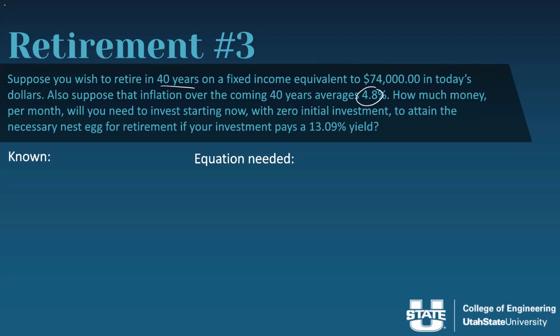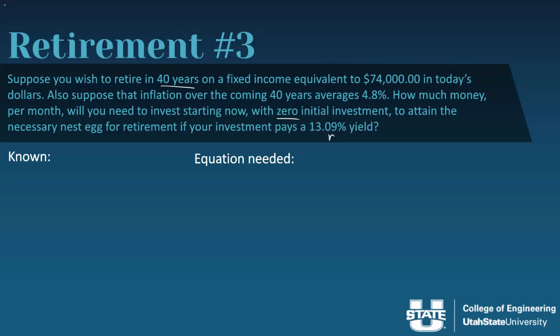How much money per month will you need to invest starting now with zero initial investment to attain the necessary nest egg for retirement if your investment pays a 13.09% yield? So the key difference between these two rates is this is our R.